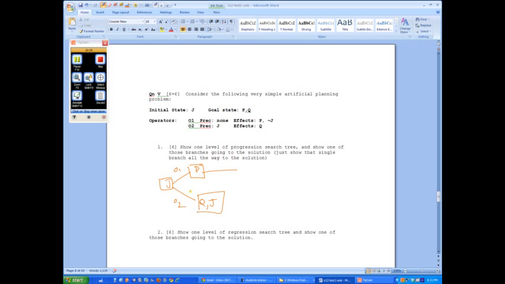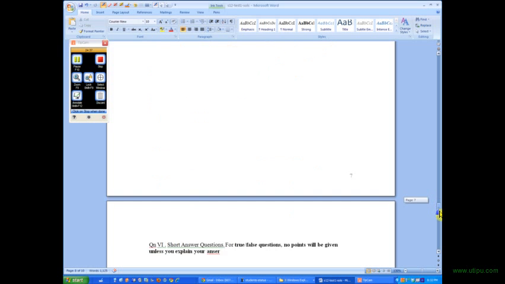Then O2, Q is true, J is false. And if from here you apply O1, because O1 doesn't require any preconditions and gives P and removes J, you'll get Q and P, and that is your goal state, so you're done. That's basically a path to the goal.